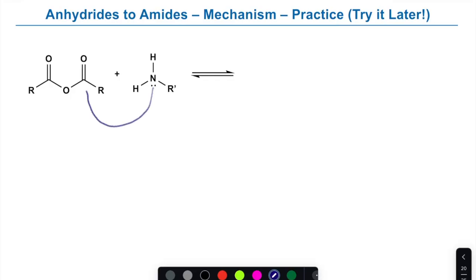I'm going to use, let's say, this center here. So that'll be our first addition. I'm just going to designate them with a different color. So we're using this center here as our carbonyl we're doing the nucleophilic addition to. We just brought in the amine.